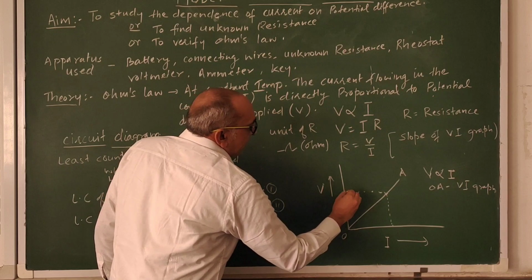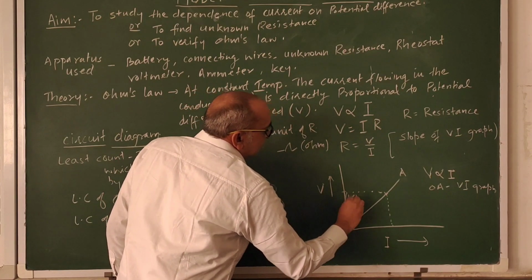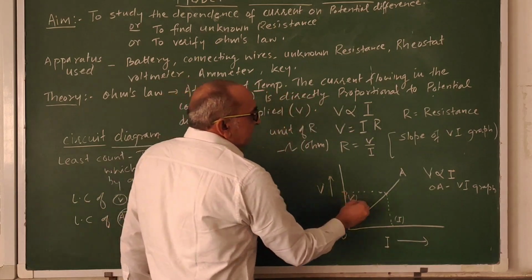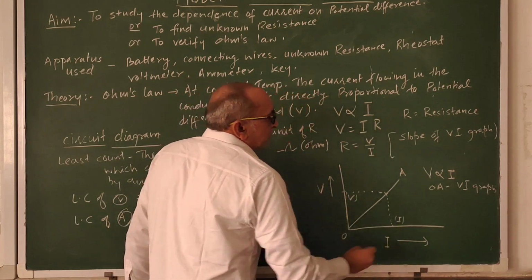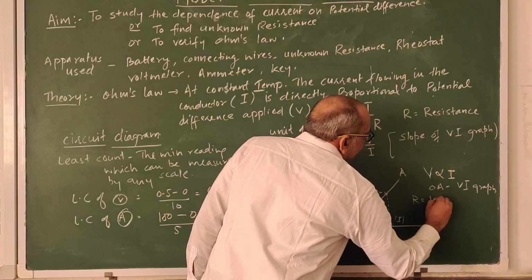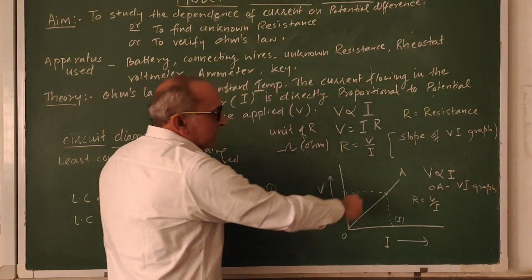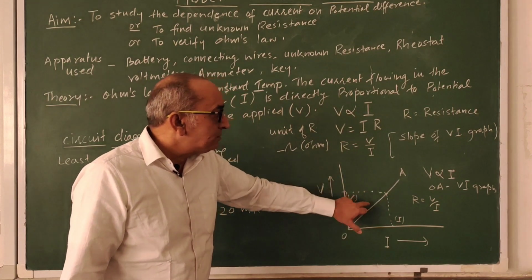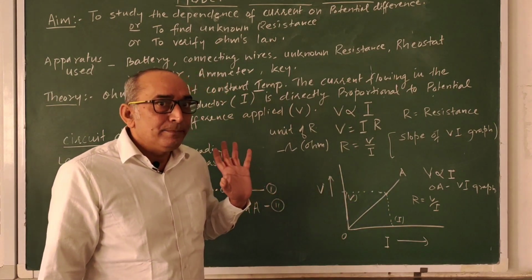From here we get the value of V, and from here we get the value of I. Then, getting this ratio, we can find resistance. In this type of graph, the resistance at every point will be the same.